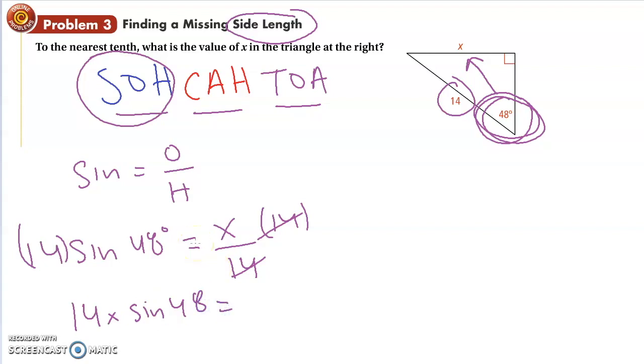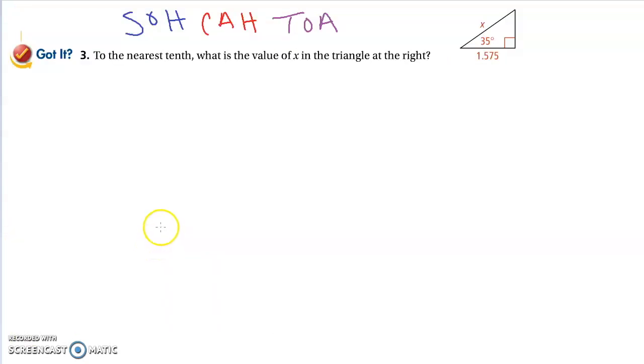And I get 10.4. They ask us to round to the nearest tenth, so that means that this side has a side length of 10.4. Let's do another one, shall we?